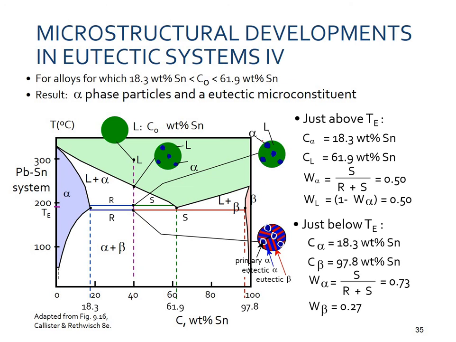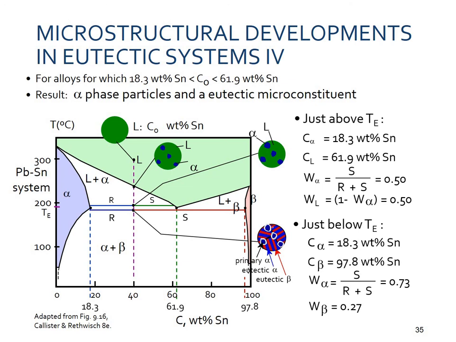and on further cooling, you see that this primarily formed alpha would remain, and on further cooling from the liquid plus alpha region to the alpha plus beta region, you may see that the lamellae or the alternating layers of alpha and beta are being formed as well.